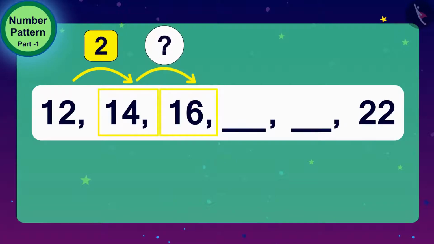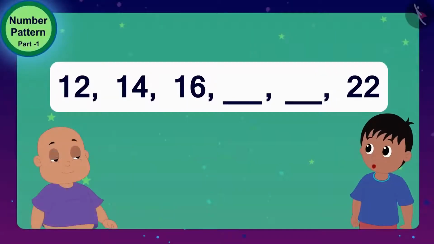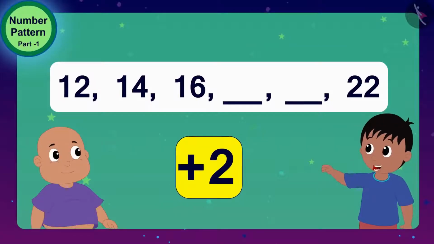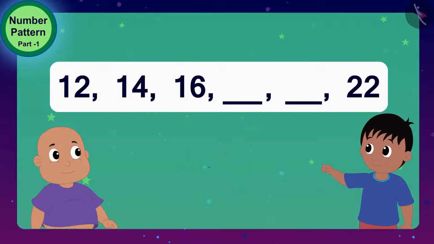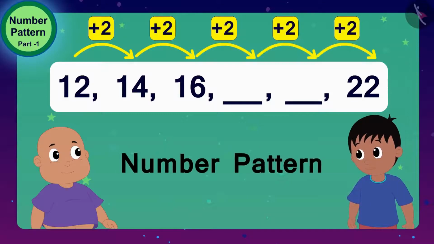Oh yes, Raju. The answer to this is also 2. Look, Bablu, I got the rule of these numbers. When 2 is added to each digit, the next digit is found. And Bablu, do you know, such groups of numbers in which numbers follow a particular rule, we call them number patterns.